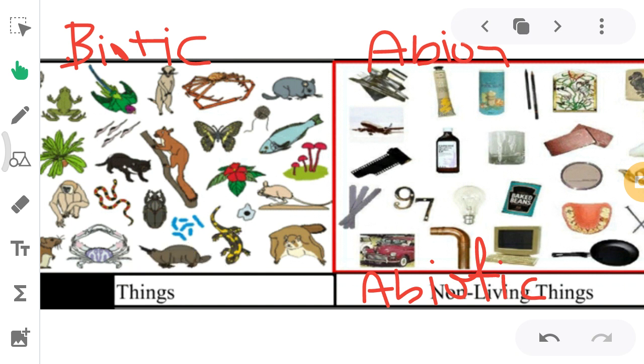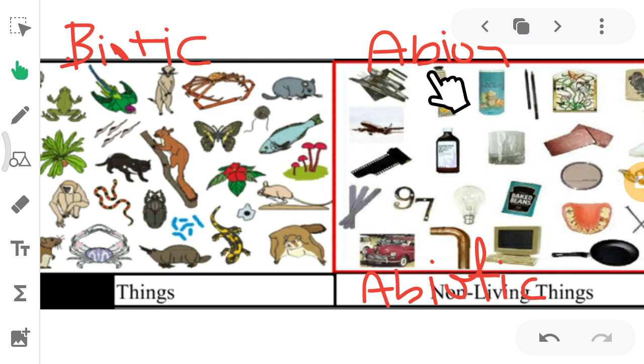Suppose you take a terrestrial habitat. What all you can see? You can see a frog, a monkey, a squirrel, a lizard, a rat, a mongoose. Also in aquatic habitat, you can see fish, octopus, a seal, many animals or organisms over there.